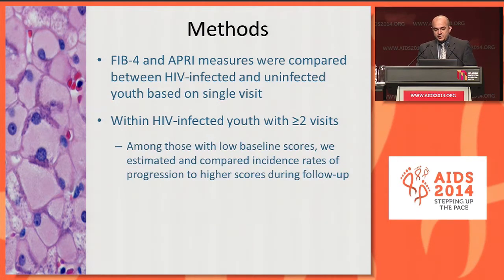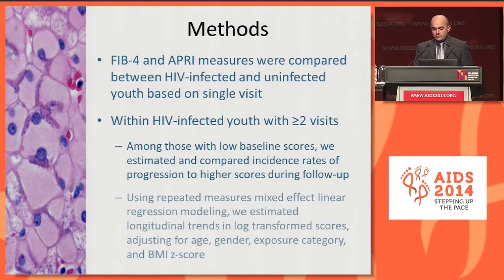Among those with low baseline scores, we estimated and compared incidence rates of progression to higher scores during follow-up. We also used repeated measures, mixed effect linear regression modeling to estimate longitudinal trends in log transformed scores, adjusting for age, gender, exposure category, and BMI Z-score.